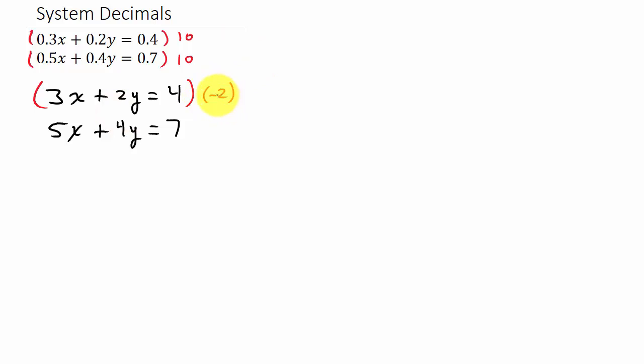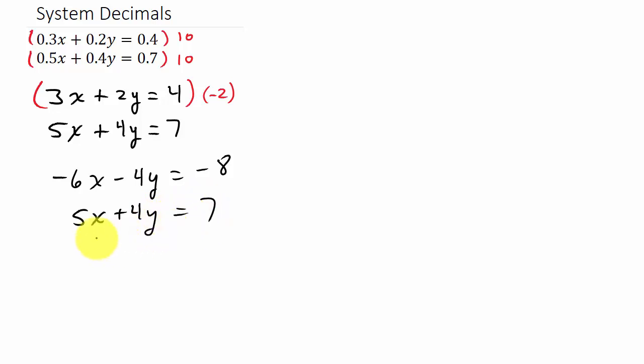If I do -2 times the first equation, -2 times 3x is -6x, and then -2 times 2y is minus 4y, and that equals -2 times 4, which is -8. I didn't multiply the second equation by anything, so that's just 5x plus 4y equals 7.